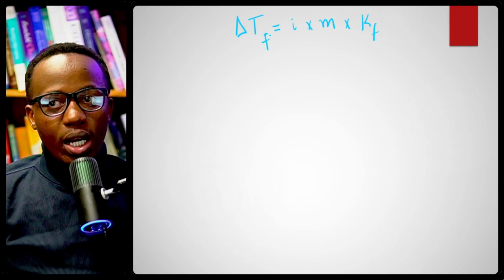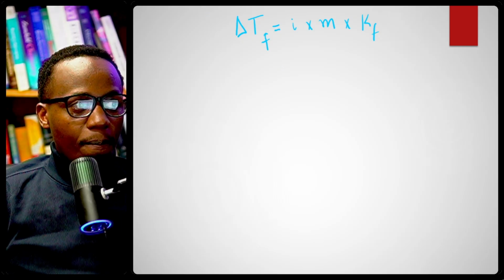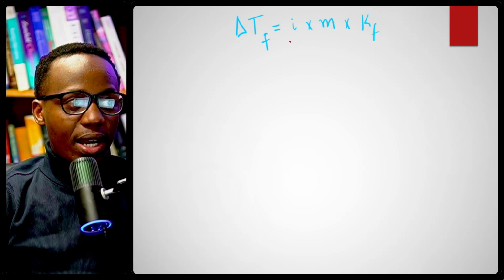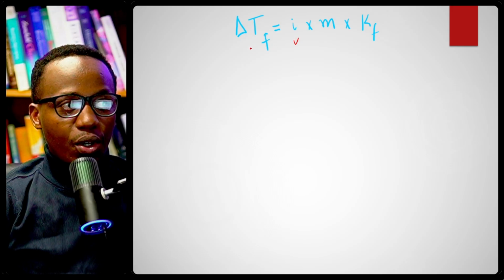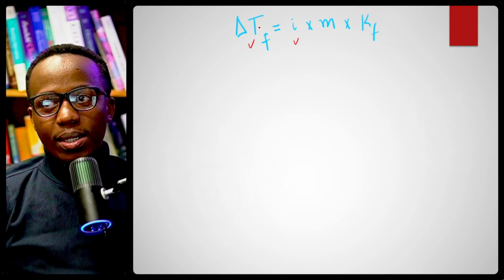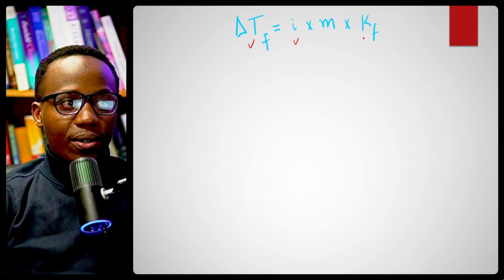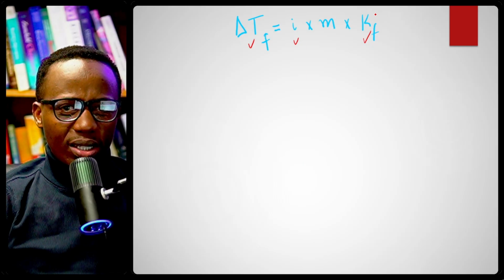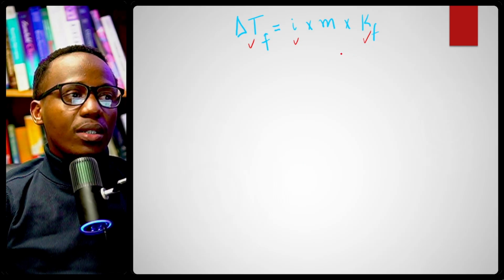Again, we already agree that you can find i, because for NaCl, for example, it is 2. Delta TF is our experimental data, and KF is a constant. For water, I think it's either 0.68 or 1.52. I'm going to give you the constant.